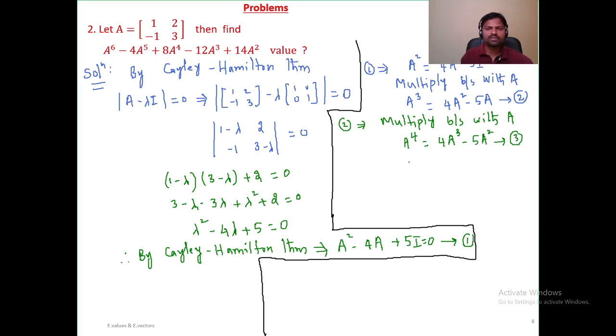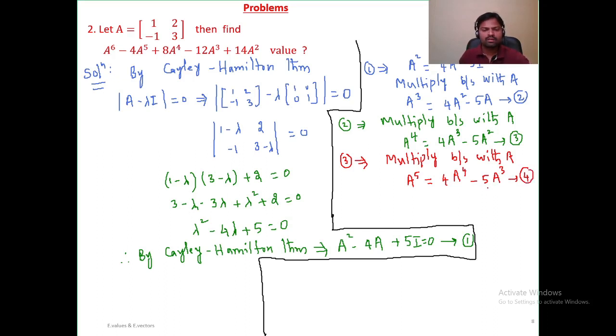Next, A to the power 5 I need to generate. So from 3, multiply both sides with A again. What will you get? A to the power 5 is equal to 4 times A to the power 4 minus 5 times A cubed, and assume this is number 4.